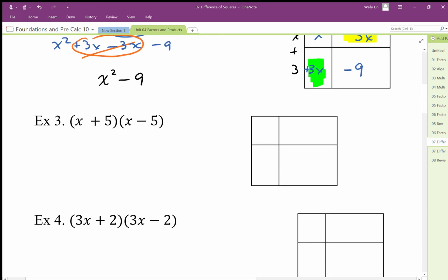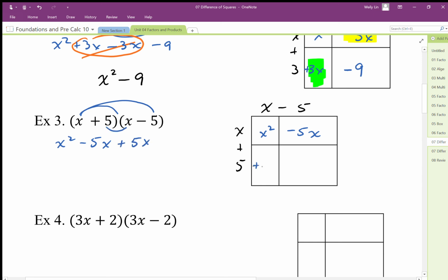Okay, so let's try doing this one again. This one is, again, our difference of squares, x minus 5, x plus 5. Make sure that you're observing the pattern that's generated here and why we end up with this opposite symmetry giving us 0 pairs. So we're going to multiply x times x, x squared, x times negative 5, so negative 5x. 5 times x is positive 5x. So that's our positive 5x down here.